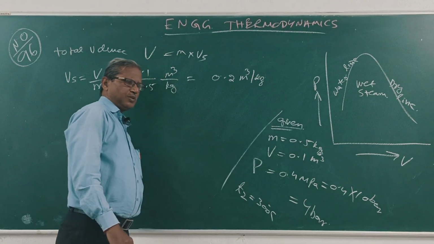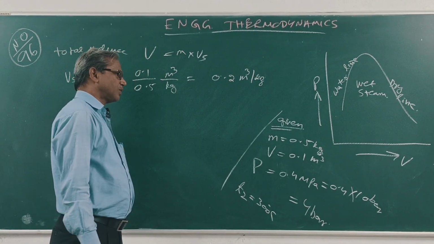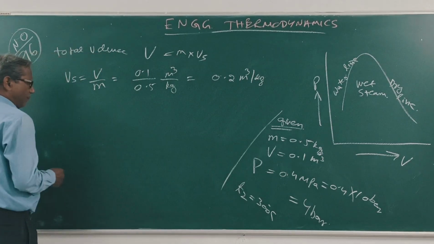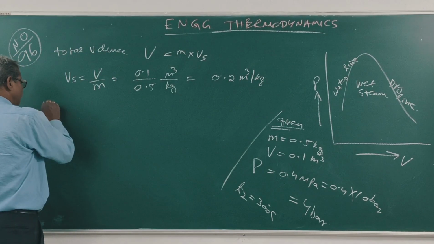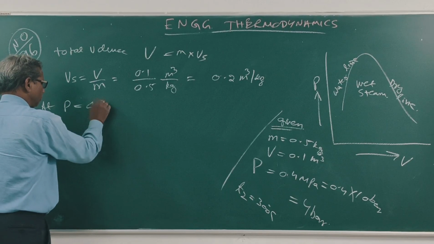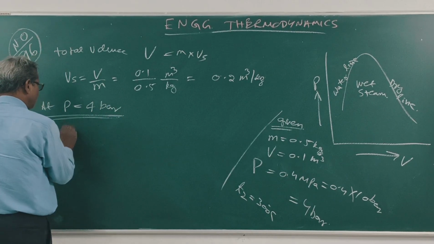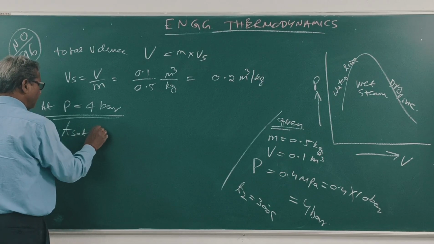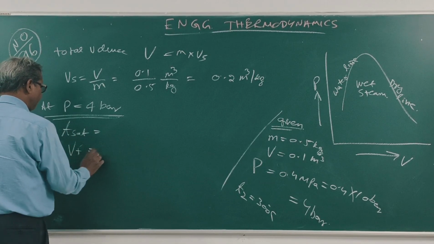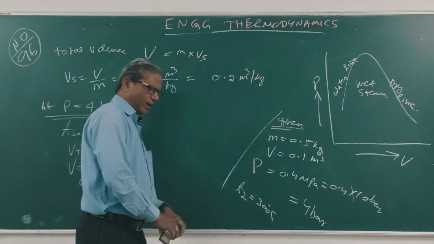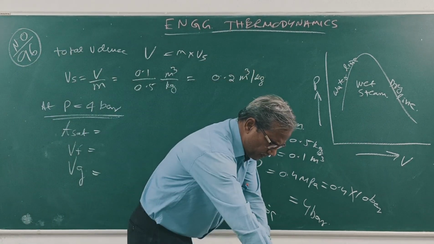So this is the specific volume v. At P is equal to 4 bar, we need T saturated, vf, vg. So find values at 4 bar from the steam table.